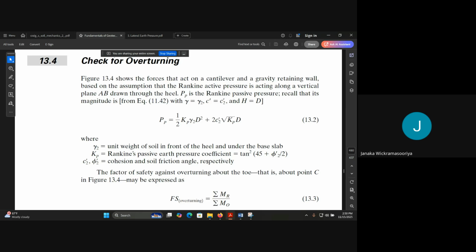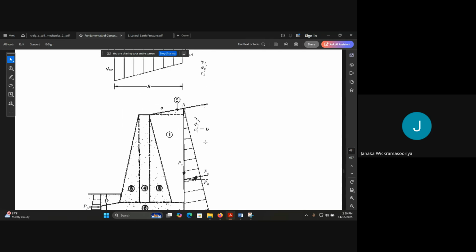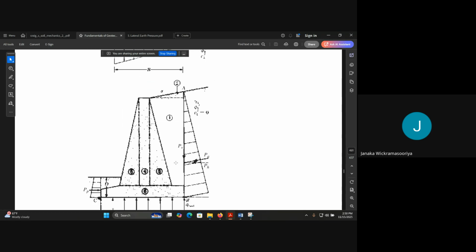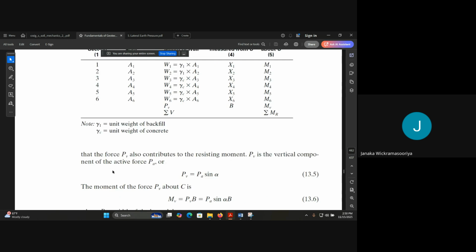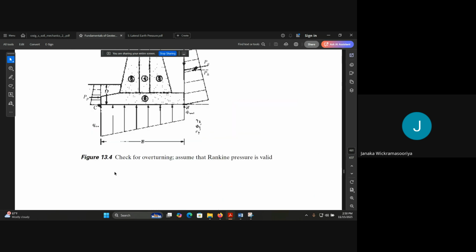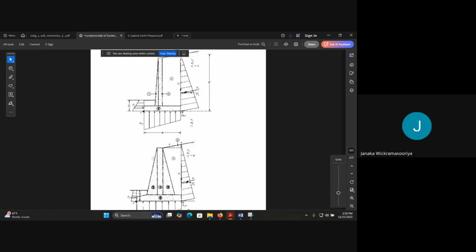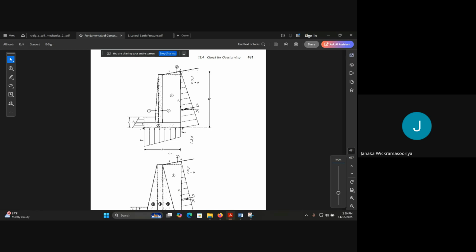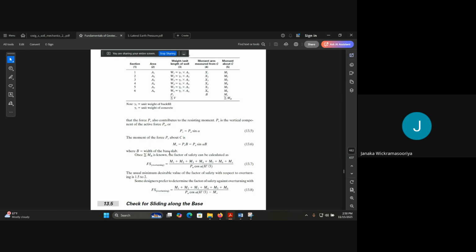So then if it is a gravity retaining wall like this, the same thing happens. So it is better if we go for an example. So this is the example.